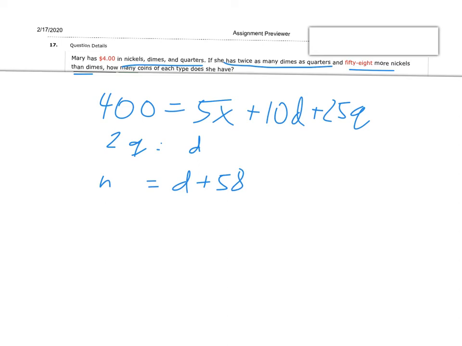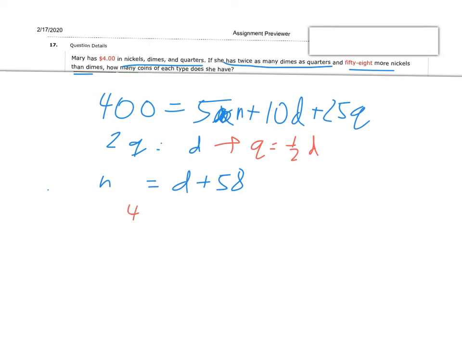All right, so then I'm ready to do some substitution here. Oh, shoot, that should have been 5n. I want to get everything in that first equation in terms of the same variable. So what can I turn everything into? I can turn everything into d if I switch this equation to say q equals 1/2 d. So now I can do some substitution here. I'm going to make this now the first equation.